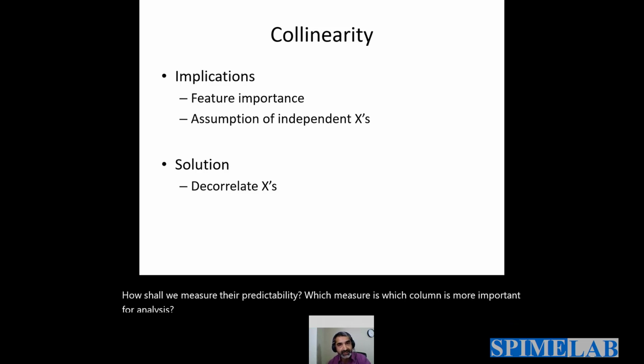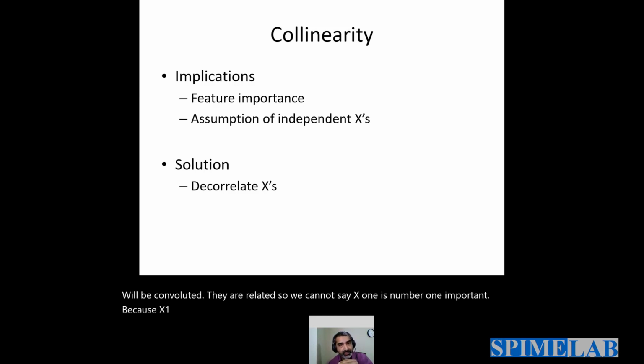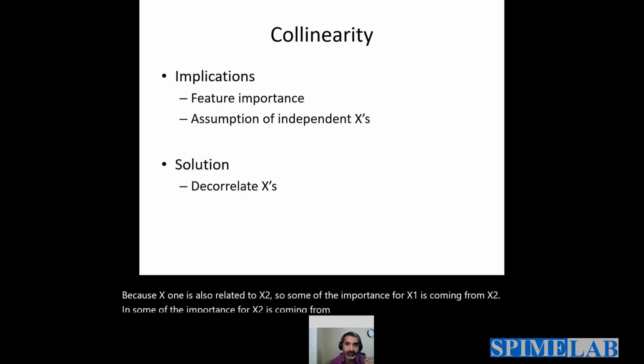X1 or X2 or X3, if all three are related. Their importance for prediction or for understanding the structure in data will be convoluted. They are related, so we cannot say X1 is number one important, because X1 is also related to X2. So some of the importance for X1 is coming from X2. And some of the importance for X2 is coming from X1. They are both correlated.